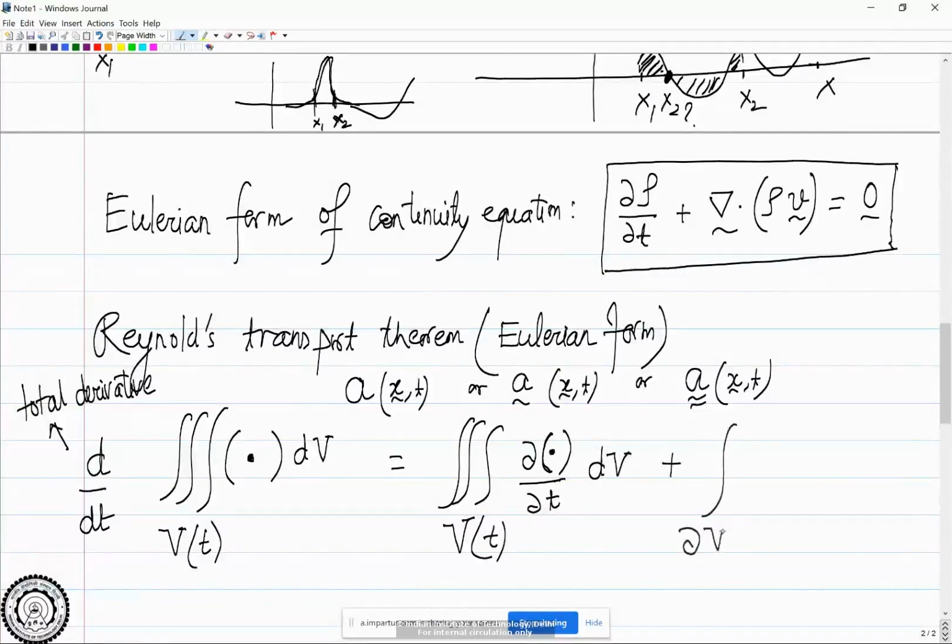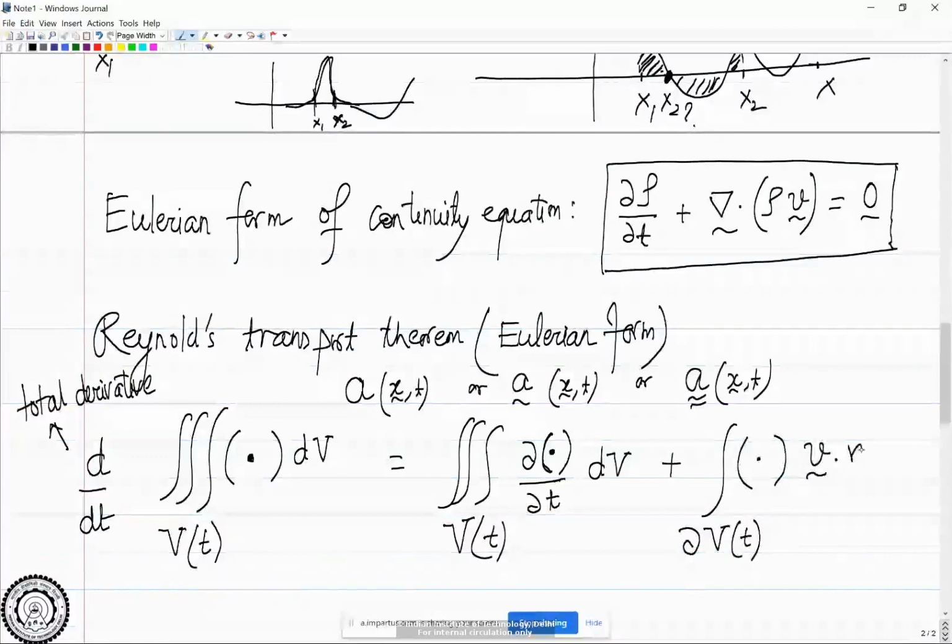Plus the integral over del v of t, which is the boundary, the surface of that volume, of the same quantity, times v dot n dA.